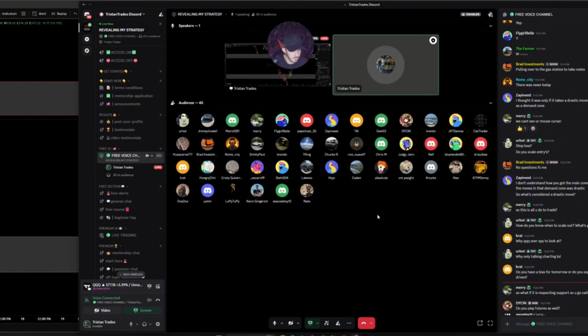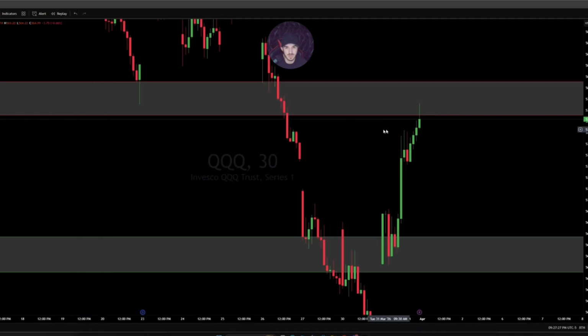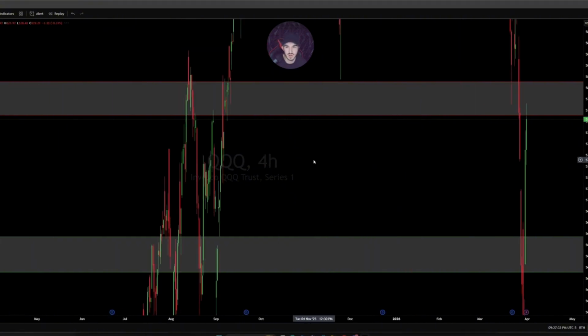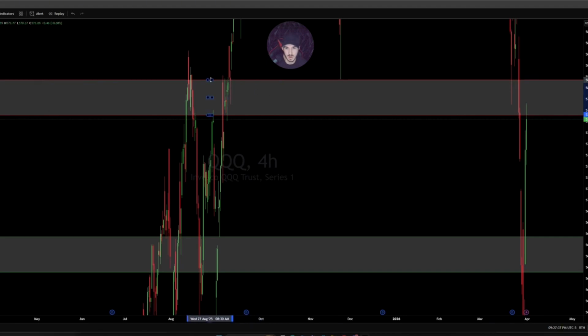So what if it was respecting support and then it just tanks down? Well, there's a lot of things. I mean, that happens, right? I wish the strategy was a 100% win rate. It's not the case. Sometimes you enter too early. This happens to me. Sometimes I enter the trade a little too early and it ends up stopping me out and then doing exactly what I wanted it to do.